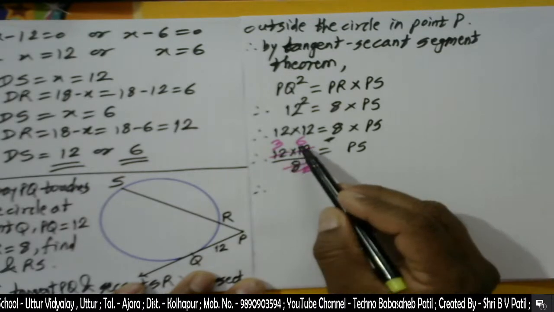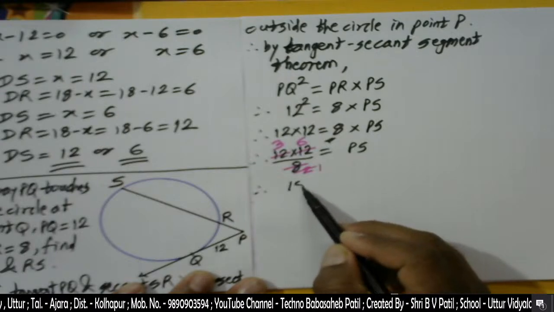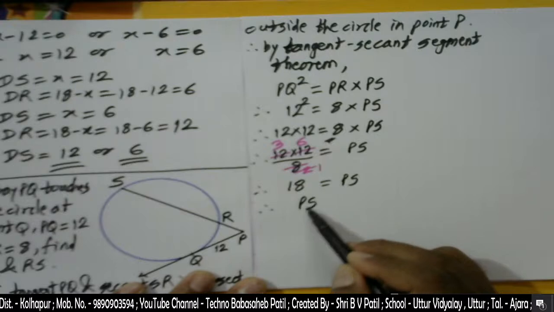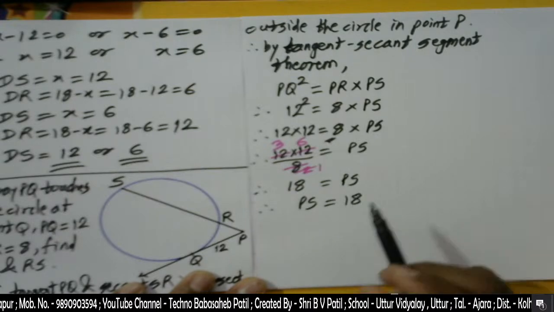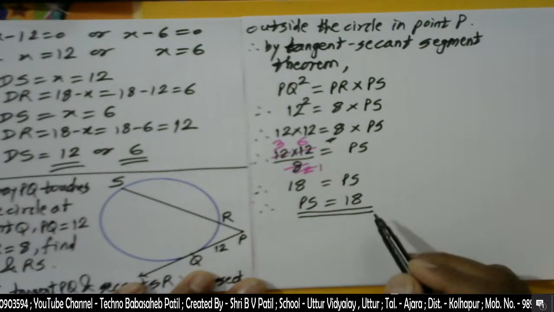Therefore, 3 into 6, 3 sixes are 18, so PS is equal to 18. That is the answer we get here.